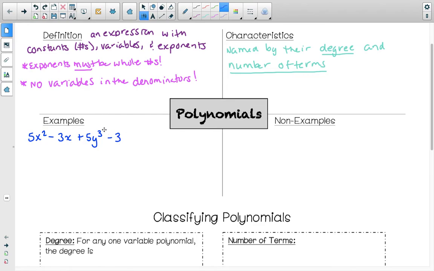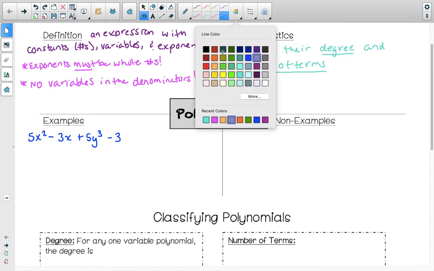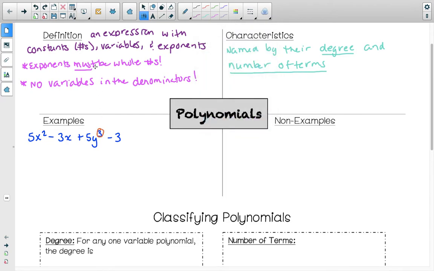So I'm going to use the largest exponent of 3, which gives us the name of a cubic, and this is a cubic polynomial. Right now, I'm only going to name this for the polynomial itself. There are 1, 2, 3, 4 terms in here, so it's considered a polynomial of 4 terms.